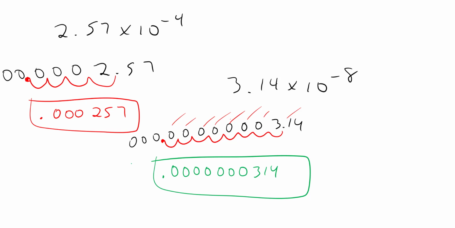Okay, because if I would put it back to standard notation, I would move it over 1, 2, 3, 4, 5, 6, 7, 8 places. So there you go. That's your negative 8. Okay? It's not bad, right? So that's going between standard and scientific notation.